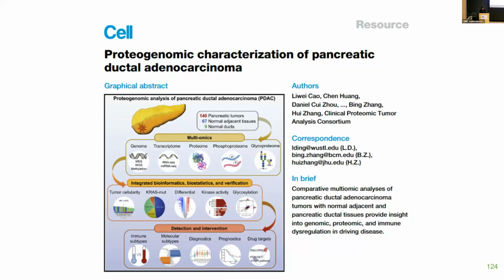The pancreatic cancer study allows us to simultaneously investigate all the data generated in the same tissue.